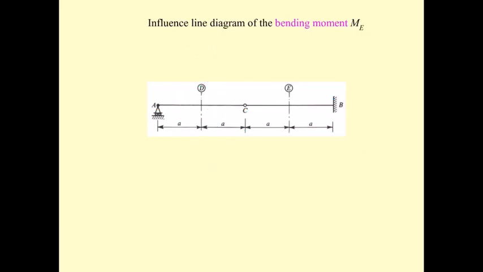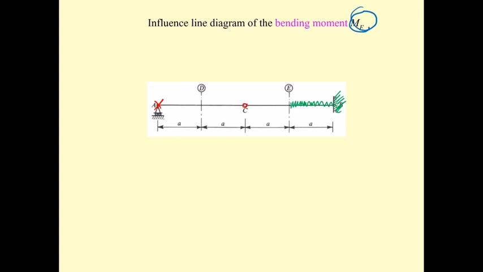Then M sub E, again M sub E. When you have M sub E, this portion is going to be fixed to the support beam, and then this is going to be the same hinge as C. This is going to be the pin. Okay, and what we have is to draw the influence line of M sub E.